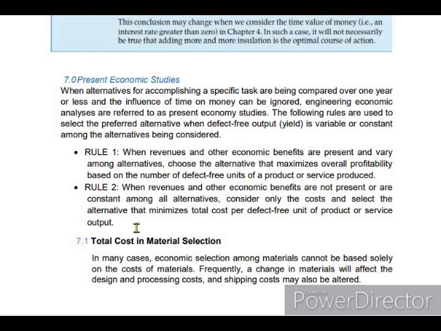So rule number 2: when revenues and other economic benefits are not present or are constant among all alternatives, consider only the cost and select the alternative that minimizes total costs per defect-free unit of product or service output. So while rule number 1 is about high profit, rule number 2 is about the cost. We will select the lowest cost.